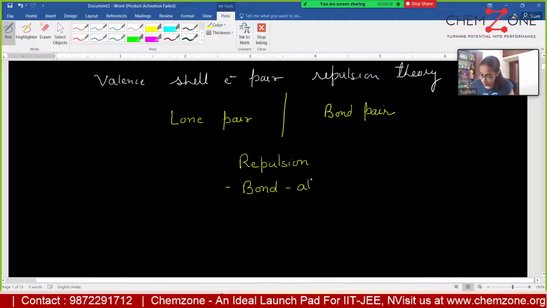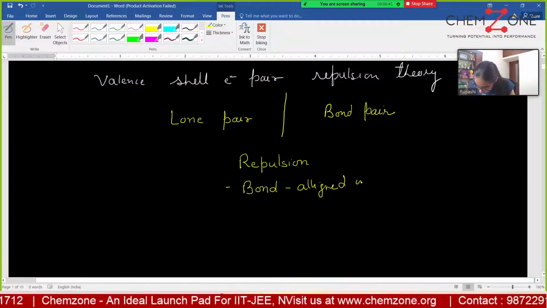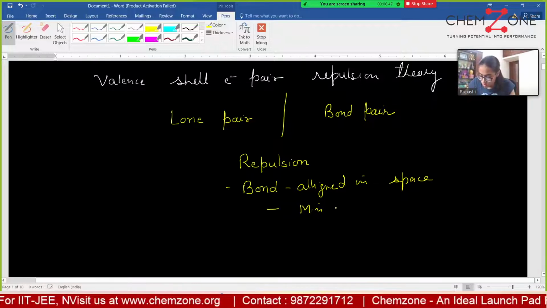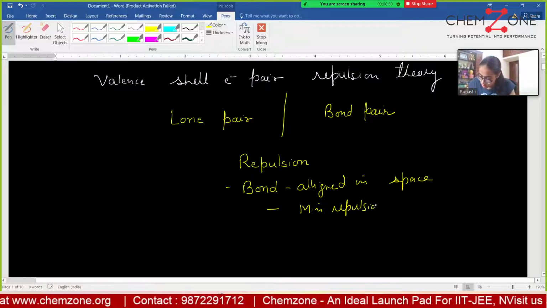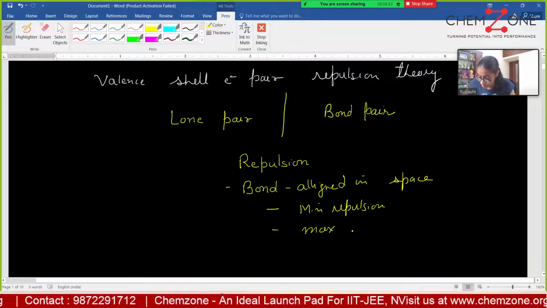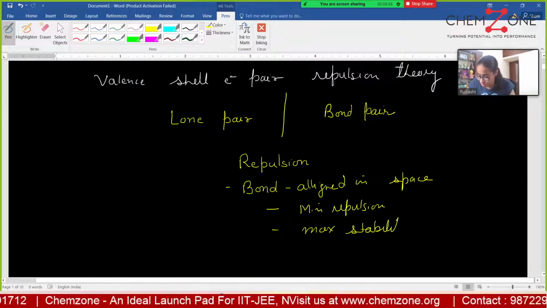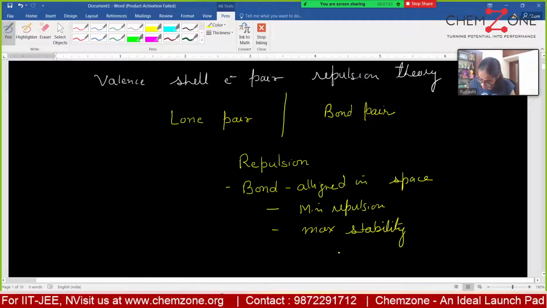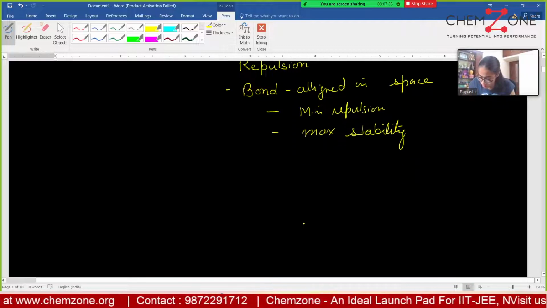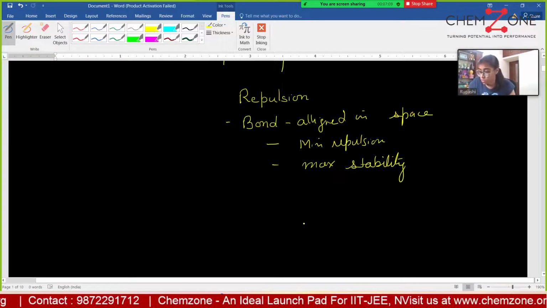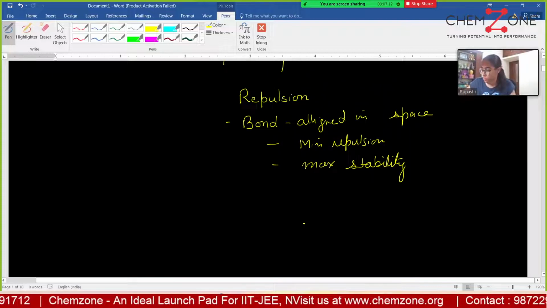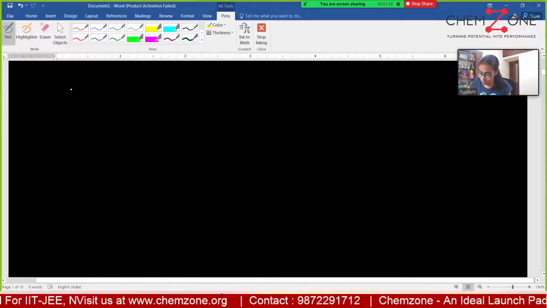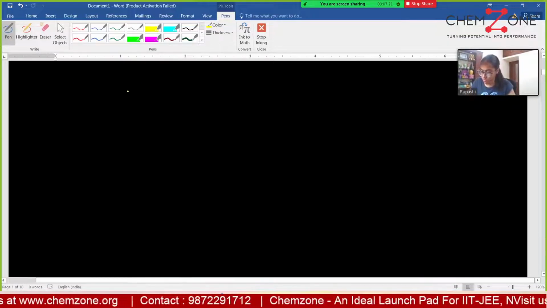Bonds are aligned in space where they get minimum repulsion and maximum stability.